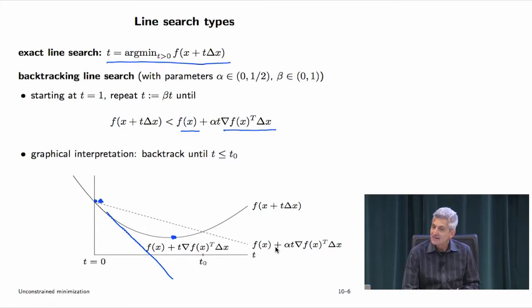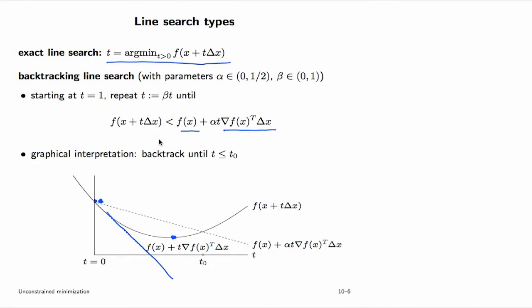Now, this one has the property that there are plenty of t's where you will get a decrease at least as much as this. The algorithm says you start at t equals 1, it could be anything you like, and then you simply multiply by beta until this inequality holds. I think that's called the Armijo condition, or if you're in Moscow, the Goldstein condition or something like that.